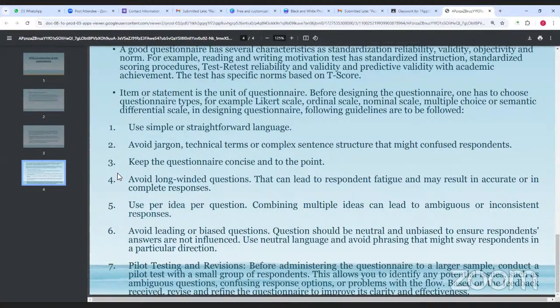And when you get the total score variance, that is the standard deviation and the squared standard deviation.